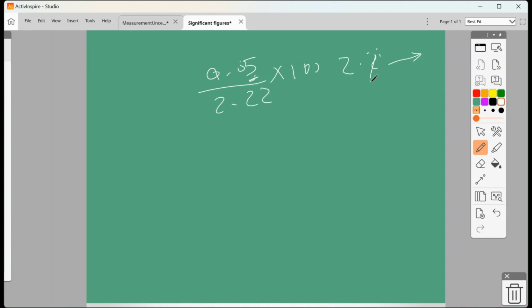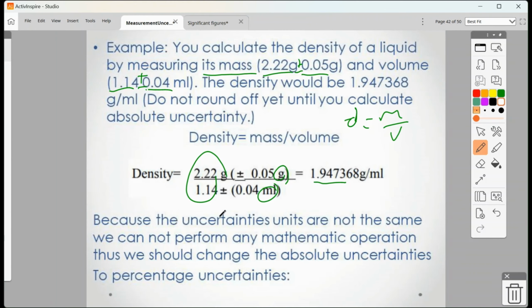So I'm gonna drop this, so it is 2%. So my answer is 2.22 plus or minus 2%. Let's move to the second one. Second one is 1.14, and the uncertainty is 0.04.